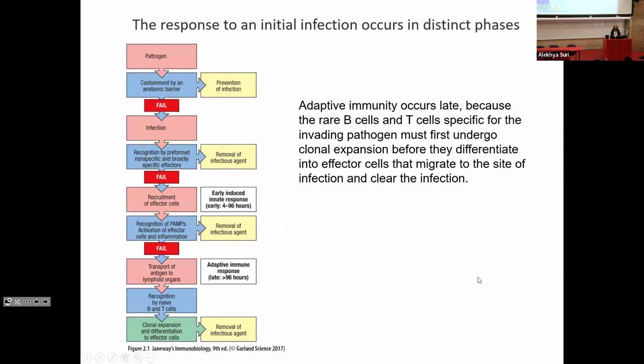When the host is exposed to an initial infection, how does the immune system gear up? What are the various steps that occur? We'll go through each of them. Initially, when the host recognizes a pathogen, it tries to contain it using anatomic barriers, to prevent the infection from taking place in the first place.